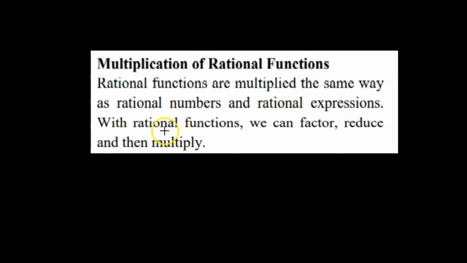So I have one example here. If f of x is equal to x squared plus 7x plus 12 divided by 2x minus 6, and g of x is equal to x all divided by x squared minus 16, find the product.